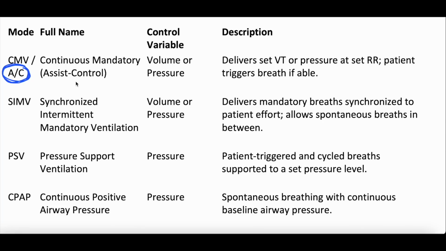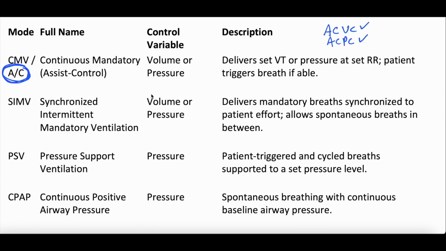Okay, so when a patient is in volume control or pressure control, we don't say this often, but it's usually assist control volume control or assist control pressure control, also known as ACVC or ACPC. And that just means if it was continuous mandatory, the ventilator would just give them the breaths at the respiratory rate that we set. But assist control allows the patient to trigger those breaths, which helps with ventilator desynchrony, right?